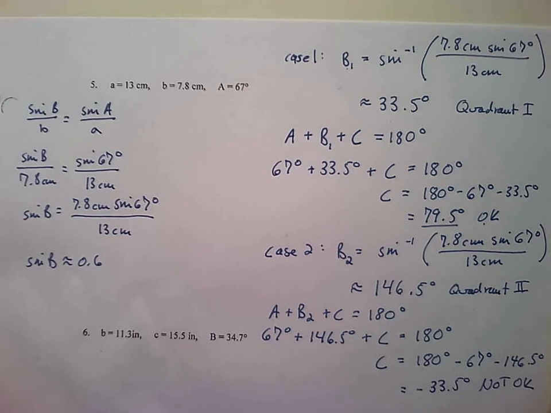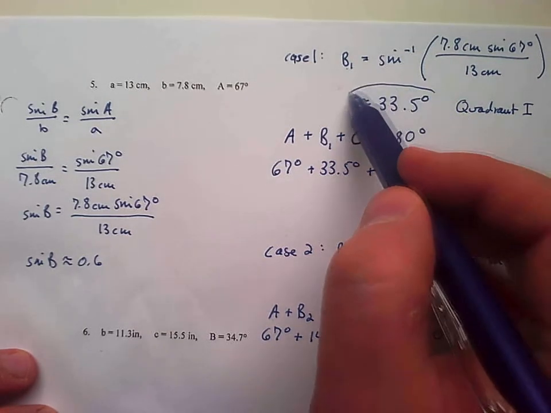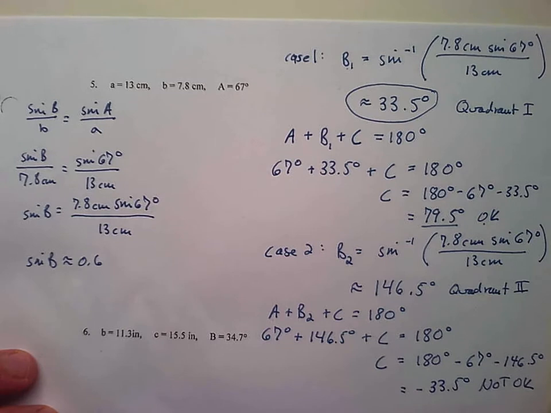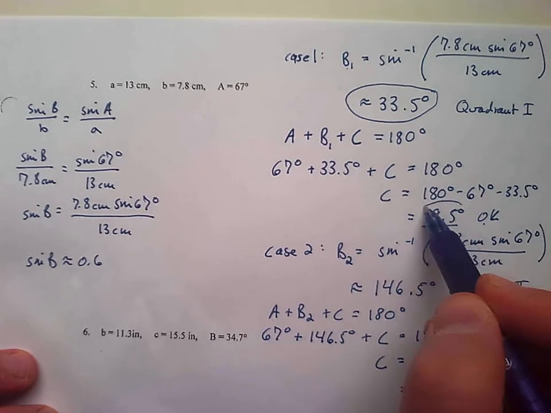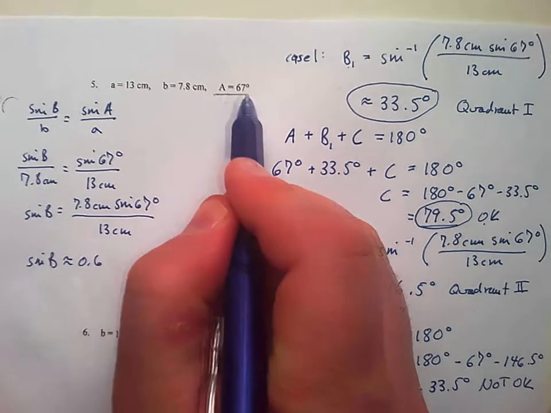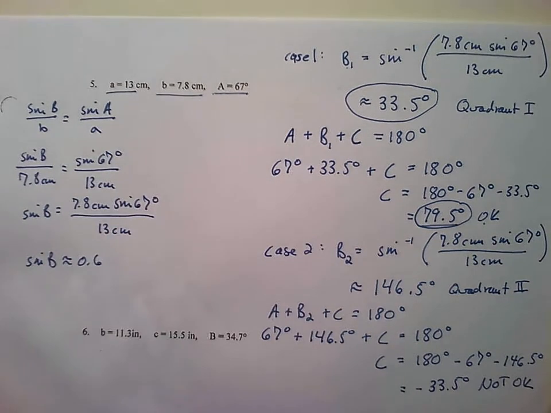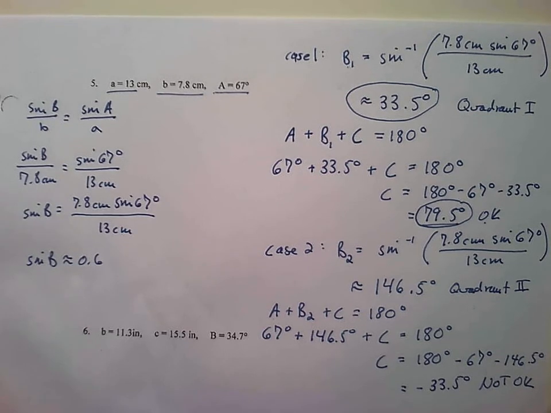So therefore, we only have one triangle that can be formed, and that is the triangle where angle B is 33.5 degrees, and angle C is 79.5 degrees. So therefore, we know the three angles, we know two sides. All that we still need to do is figure out side C.